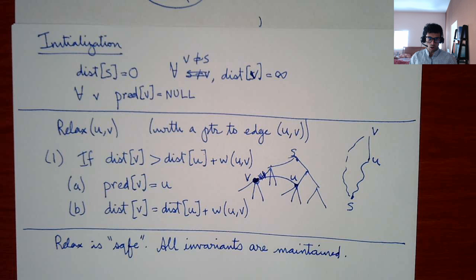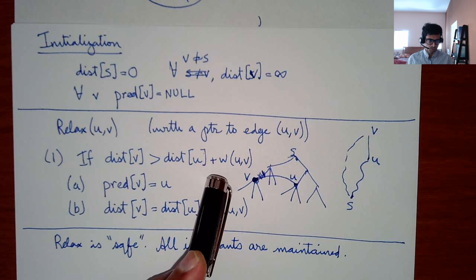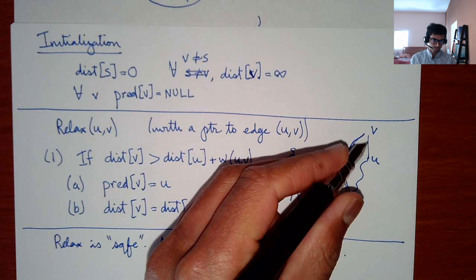So you can call it for any edge, because if the distance to v was less than or equal to the distance to u plus the weight of uv, like if it turned out that the distance from s to v along this path is just shorter than this other path, then it doesn't do anything. So you can always afford to call relax on any edge and the invariants are maintained.